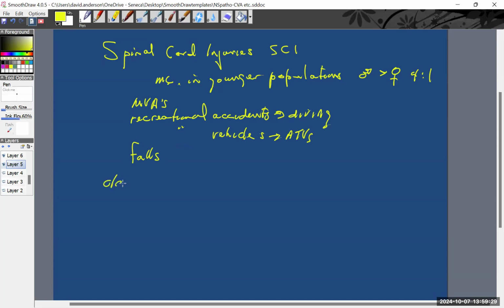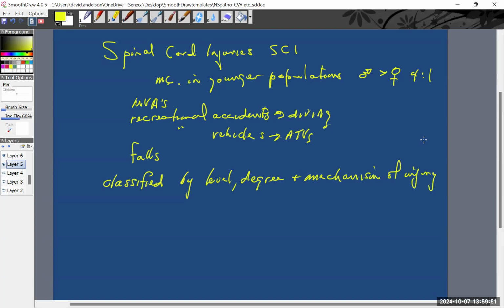We're going to classify them by the level and the degree and the mechanism of injury. So for example, when we're talking about the levels, it may determine whether 2 or 4 limbs are going to be involved.